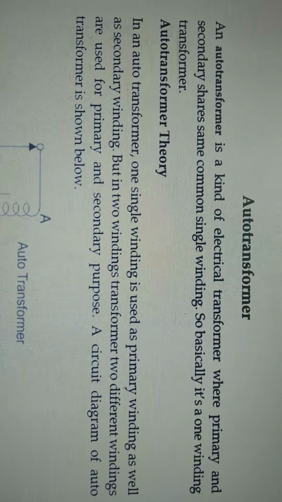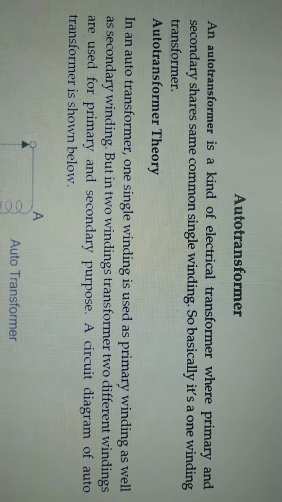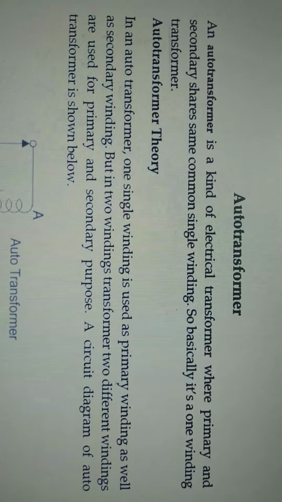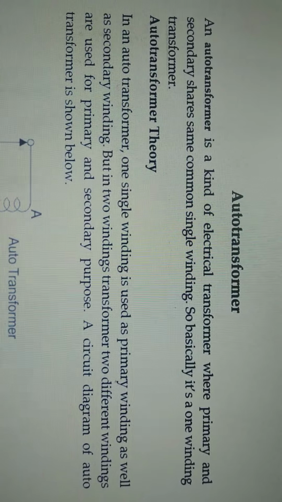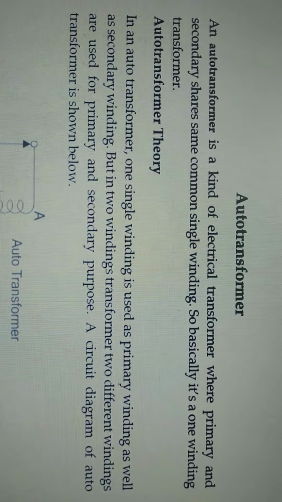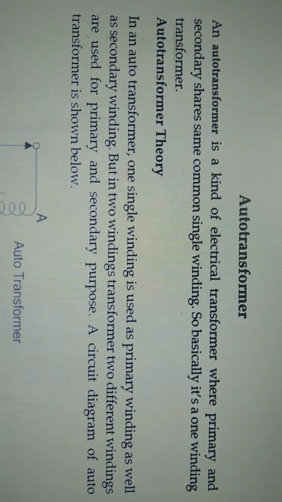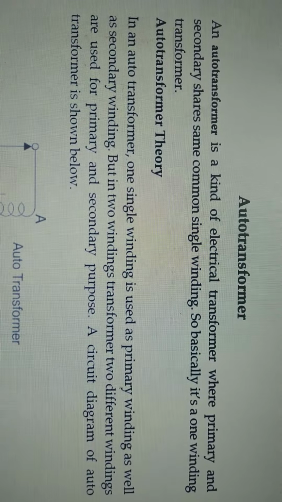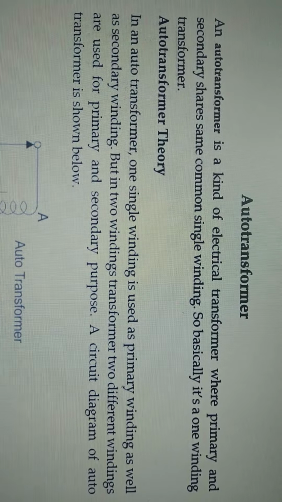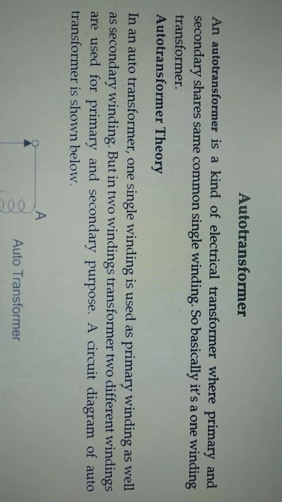Auto transformer is the same as a normal transformer, but here the conduction takes place, meaning the electrical energy is transferred from the primary winding to the secondary winding through two modes.